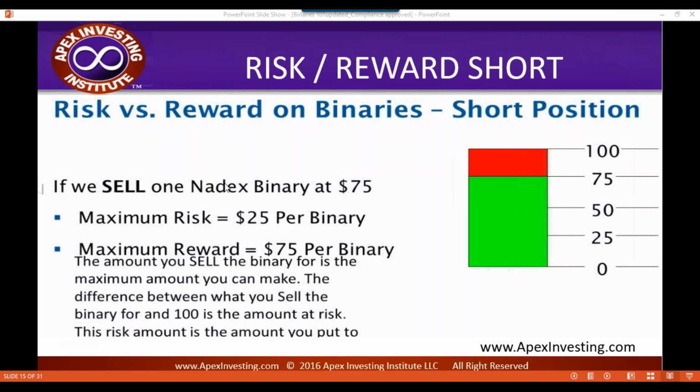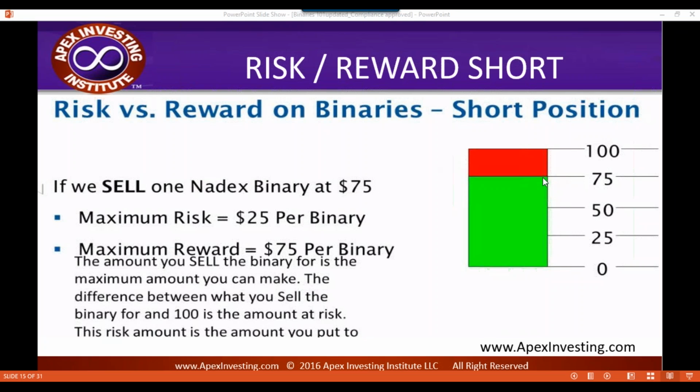If we sell one Nadex binary at $75, our maximum risk is $25, because when we sell, the amount we sell at is the maximum amount we can make. So if I sell at $75, my risk is the difference of where I sell compared to 100, and my max reward is the actual amount I sell it for.